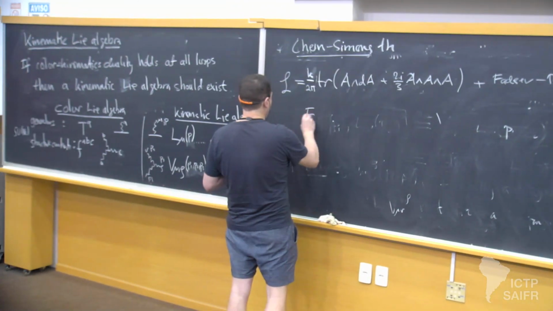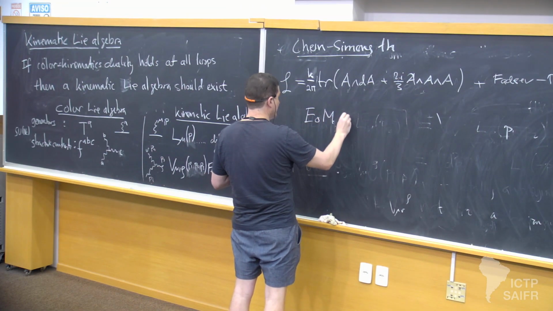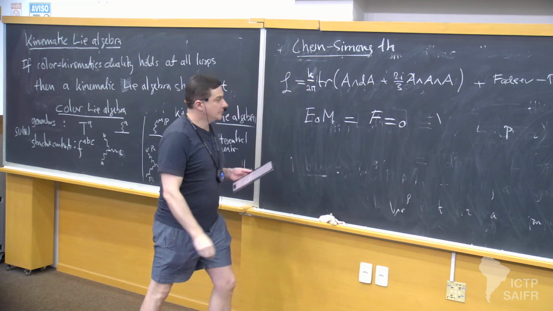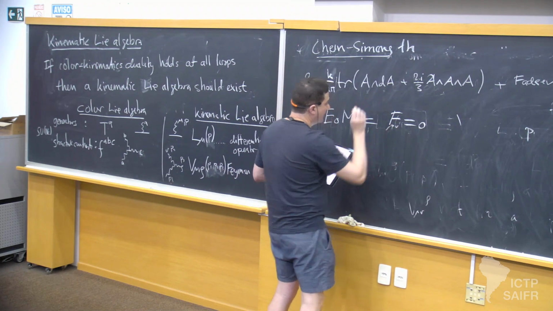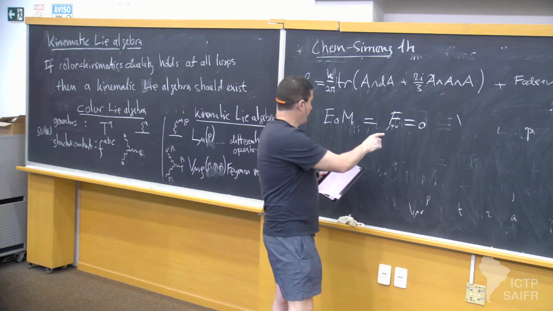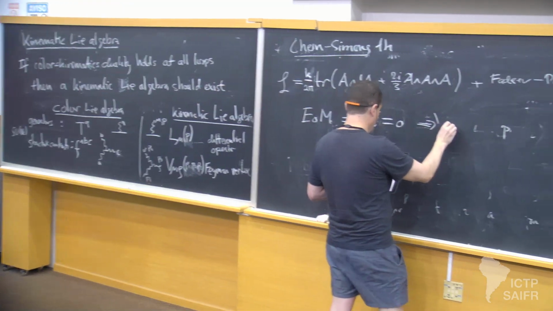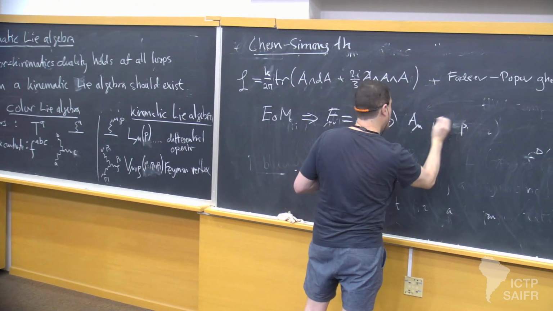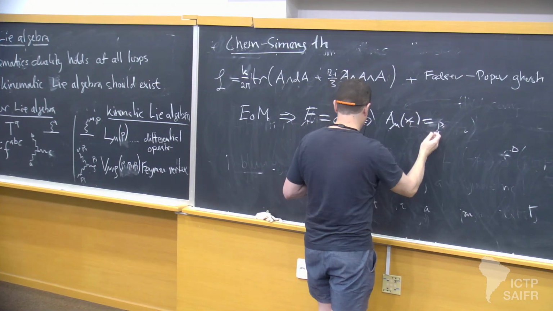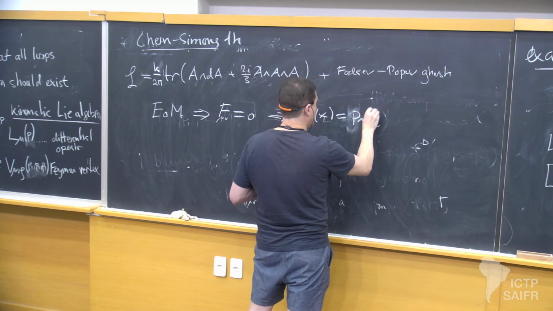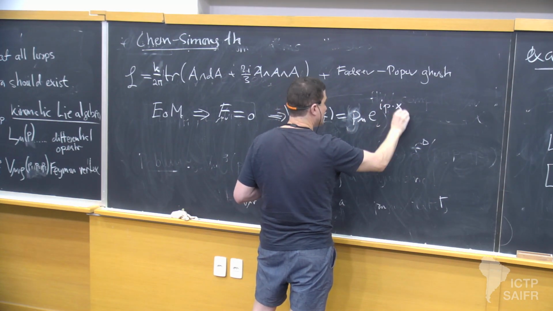But what's important here is that the equation of motion is just that the field strength is equal to 0. Well, I can put the indices here, but field strength is a form as well. So this equation of motion is that the field strength is 0, which has the solution, of course, that A mu of x is equal to p mu e^{i p·x}.